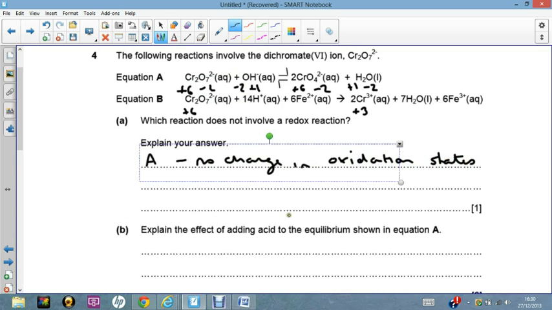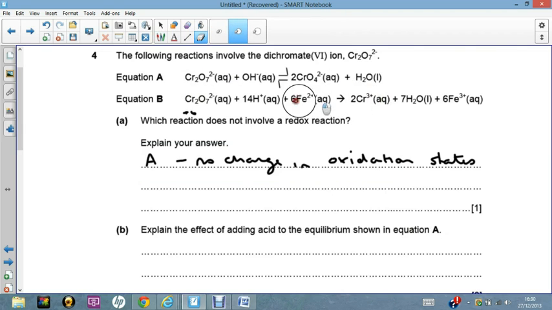Okay. Effect of adding acid to the equilibrium shown in equation A. So if I'm going to add acid to this first equation, let's just clear this up a little bit. Right, so equation A, I'm going to add acid. Acid's going to react with the OH minus. If I'm removing the OH minus, then this equation is going to try and shift to replace the OH minus to oppose the change. So the effect is that it's going to shift left.